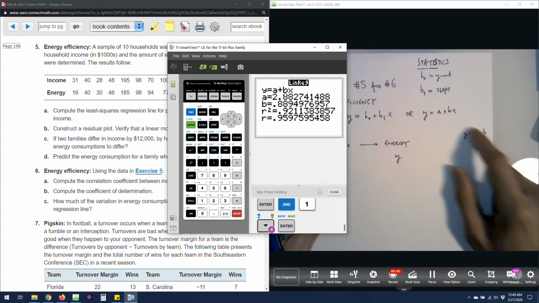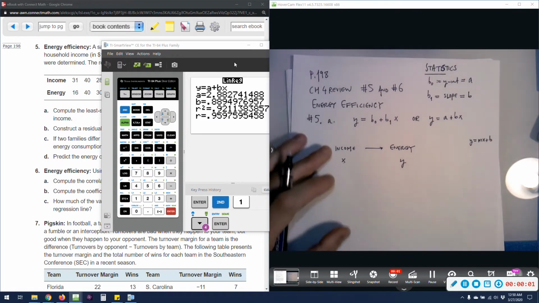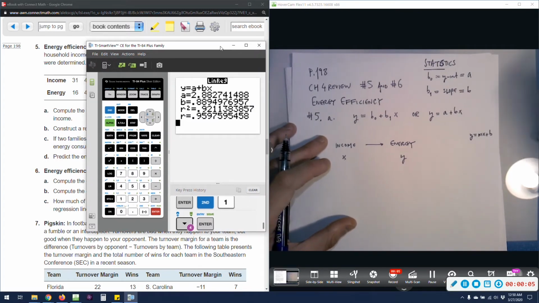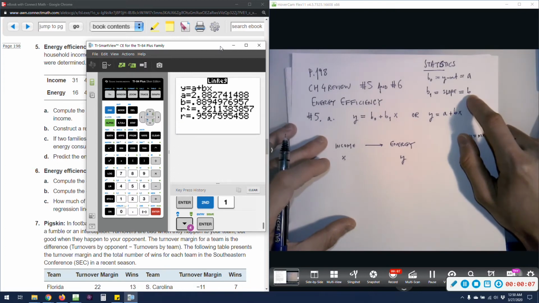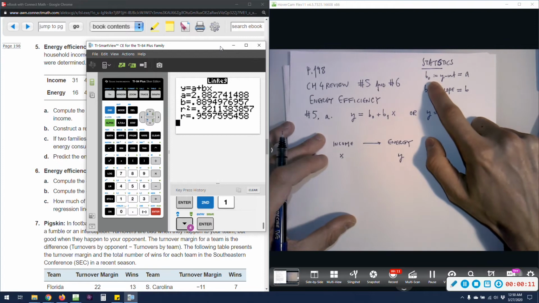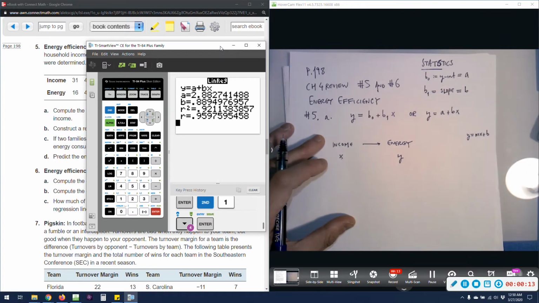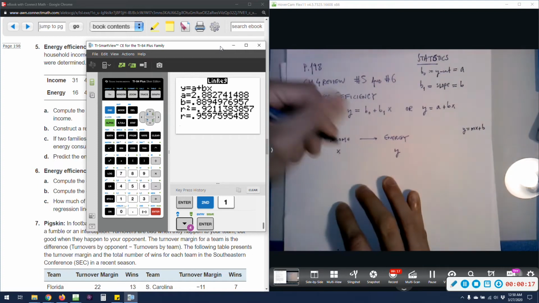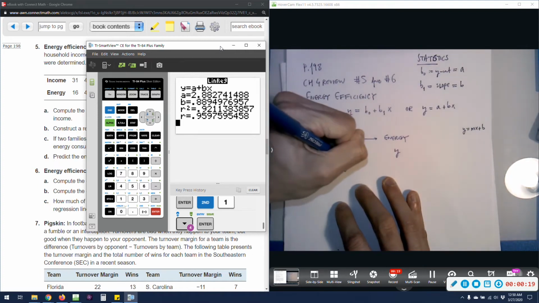In statistics, the b is the slope, and the a, or b0, which is often called b0, is the y-intercept.